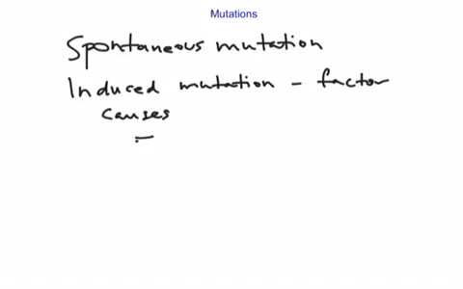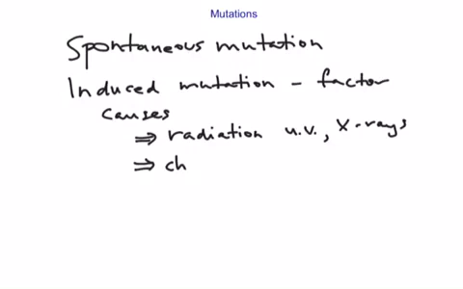Common induced mutations are caused by things like radiation, so UV radiation, ultraviolet radiation, X-rays, gamma radiation from radioactive materials, and so on, can all lead to mutations or alterations in the genetic material.